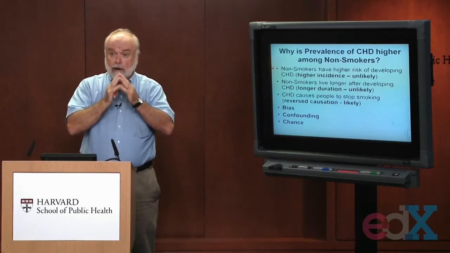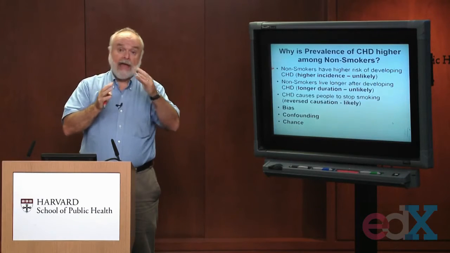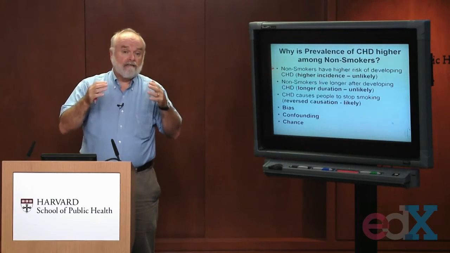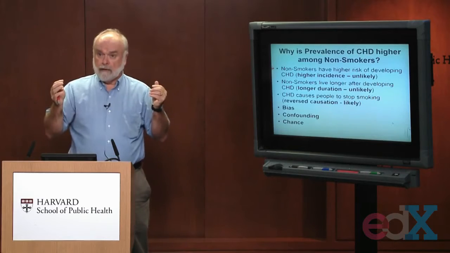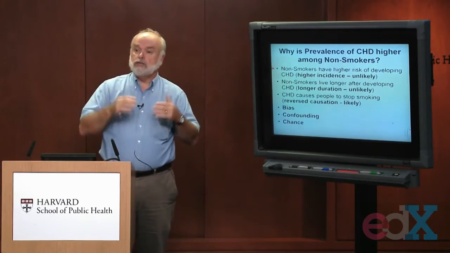Every case of coronary heart disease that existed at the 1956 exam had to happen before 1956. And maybe the non-smokers are a high-risk group. Maybe they have more cases of heart disease developing each year.